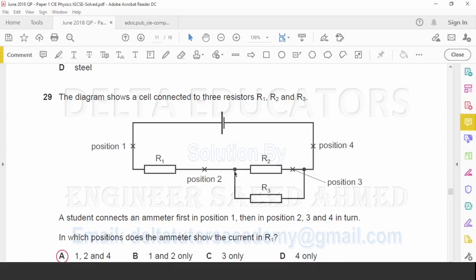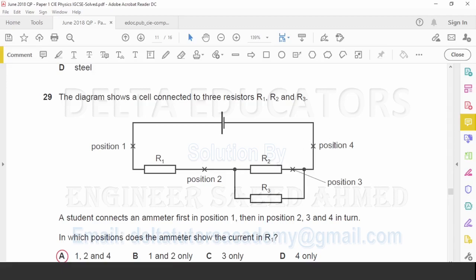Here at this point the current is divided in two parts, so the current shown on the ammeter at position 3 will be less as compared to the current at position 1 and position 2.